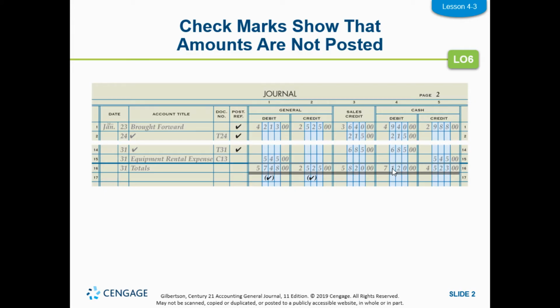12,868 in debits. 12,868. Remember that number. 5,748 plus 7,120 is 12,868. Credits: 2,525 plus 5,820 is 8,345. Doing math in my head. Do we still do math in our heads?